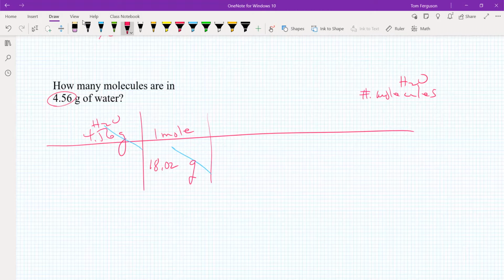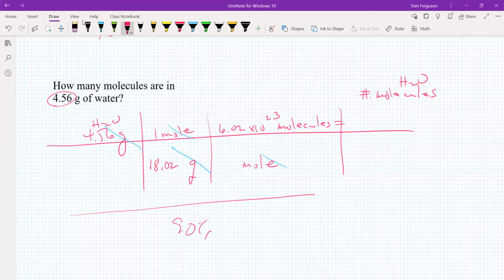That is 6.02 times 10 to the 23rd molecules per mole. Okay, so we're trying to calculate number of molecules. So based on our unit analysis, our unit cancellation, our setup leaves us with molecules. 90% for that. Move on to the next question.